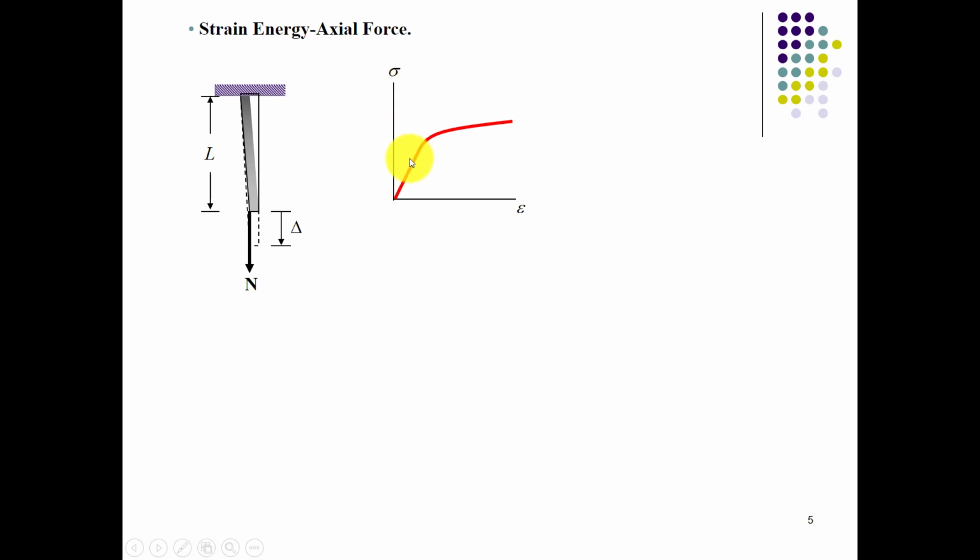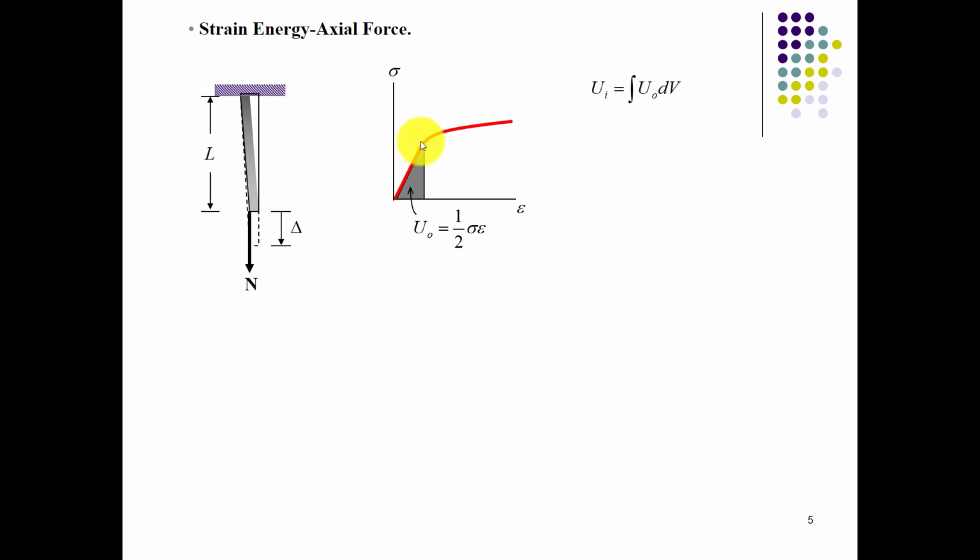So what we can say is that internal strain energy or internal work done can be calculated as the integration of u dot. What is u dot? U dot is basically half of stress into strain, which is the slope of this curve, up to the extent where the linearity of this curve exists.